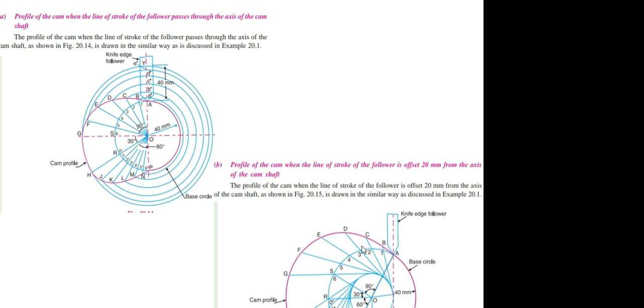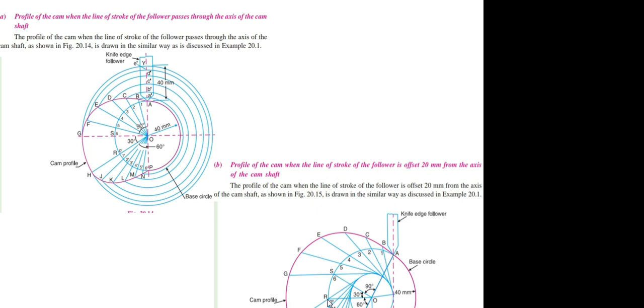So for all next positions of the follower, the axis of follower must be tangent to the offset circle. So here divide theta O in 6 equal parts and mark those points on the base circle, denoting them by points 1, 2, 3, 4, 5, 6.